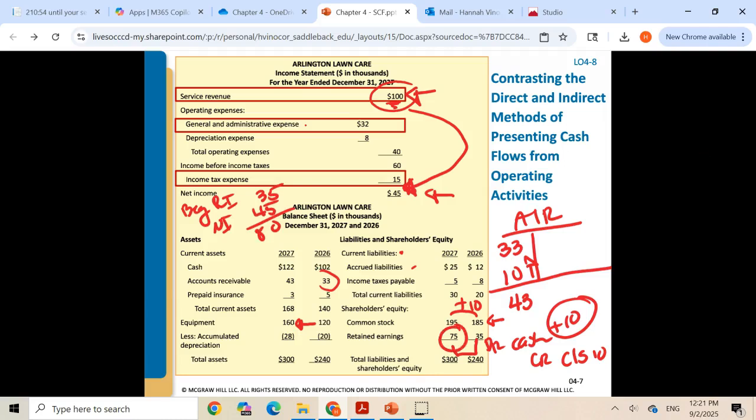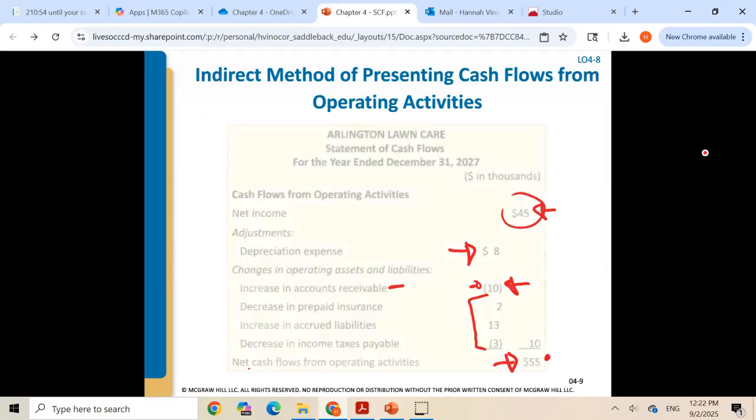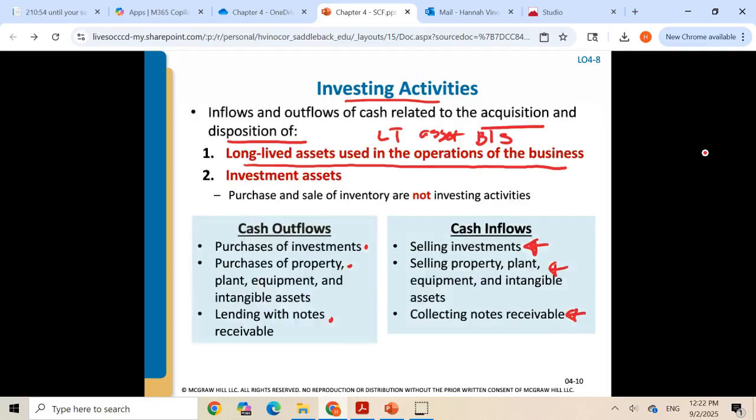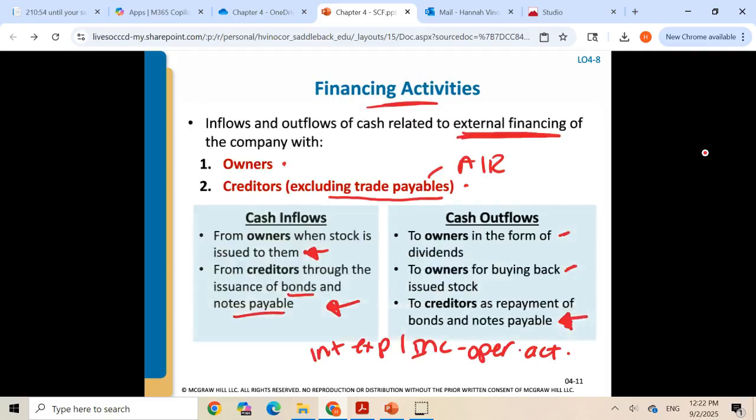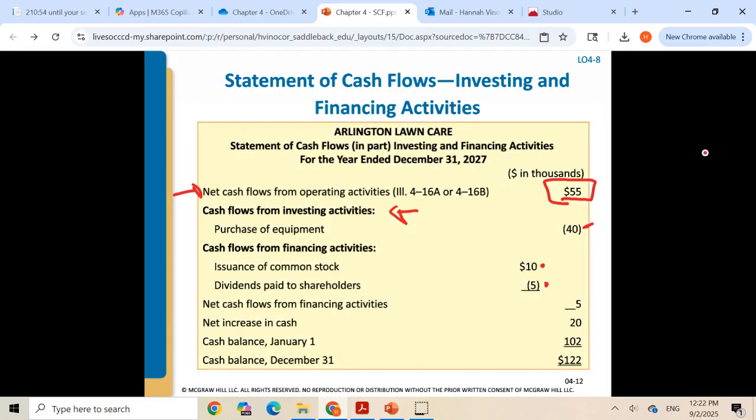But we ended up with 75 as our ending balance, which means we paid out dividends of 5. So you have to kind of back into all these numbers with your income statement and comparative balance sheet. But here's how we have an increase in cash from financing activity for common stock and a decrease for our dividends paid. Then we have a net cash flow from financing activity.